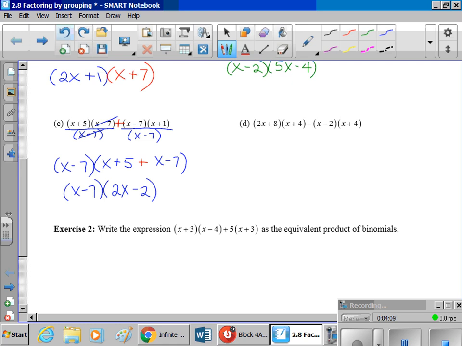Moving on to D. Remember, if I'm going too fast, just pause it so you can write things down. So in D, I'm hoping you recognize that x plus 4 is our common factor. So we're going to factor out an x plus 4 out of this side and an x plus 4 out of this side. And when we do that, these cancel, and we're left with 2x plus 8.